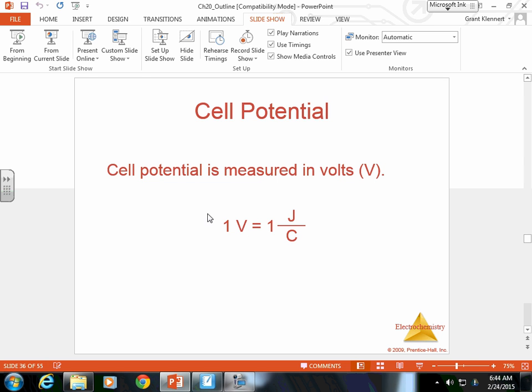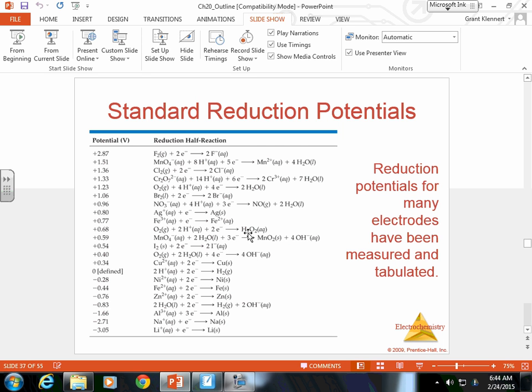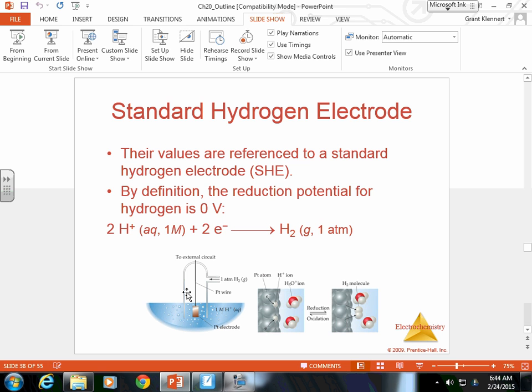Typically, we're going to use volts, and we're going to explain how we can figure out the volts for a voltaic cell or for a battery. What we have here is the measured voltage for a variety of reduction reactions. You can see some of them are positive, some of them are negative. Their values are referenced. By definition, the reduction potential for hydrogen is 0 volts.